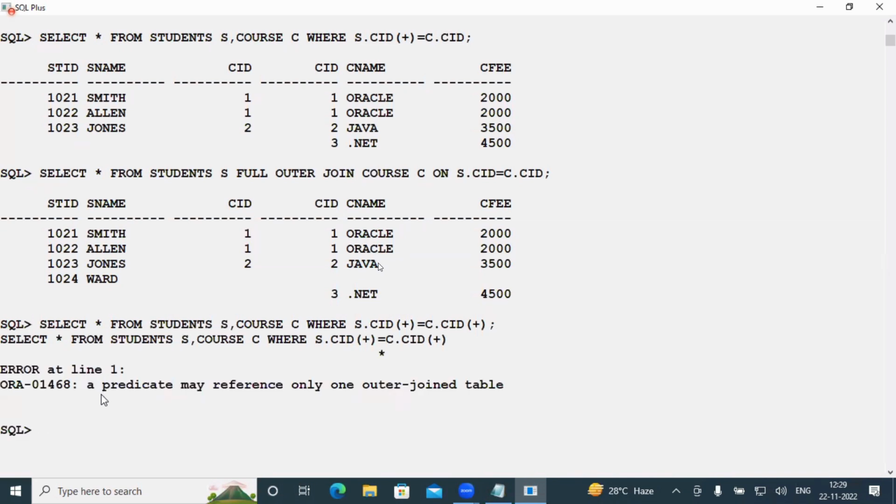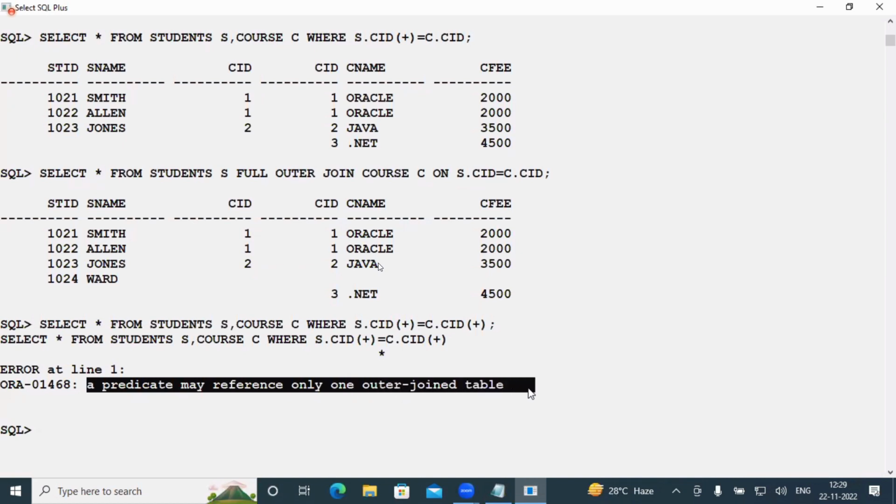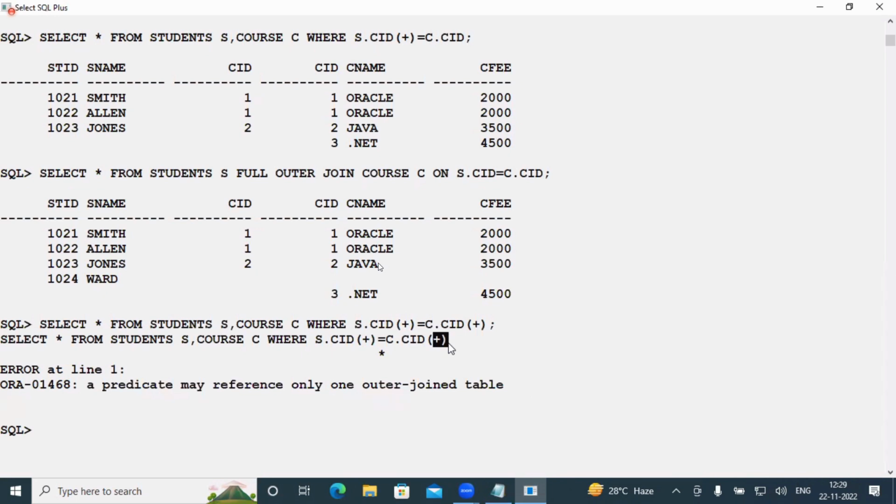What is the error? A predicate may reference only one outer join table. That means whatever join operator I'm using for the predicate, this symbol can be used on any one table only, but on both sides we cannot.